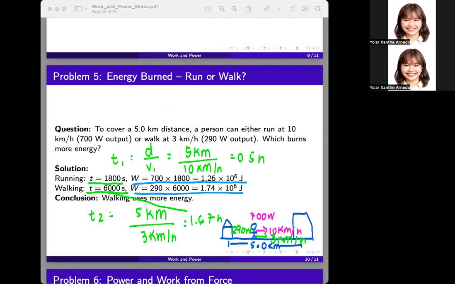Thus, the second case, which is walking slowly using less power, would have more work done and burn up more energy than the first case. So it's up to you which decision you would make here. But at least these values provided you insight on which burns up more energy.